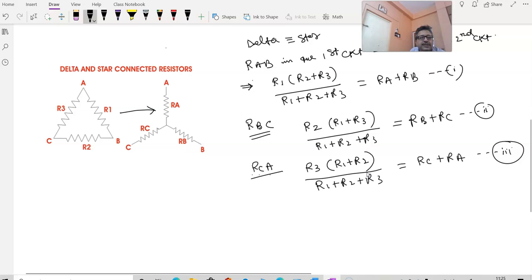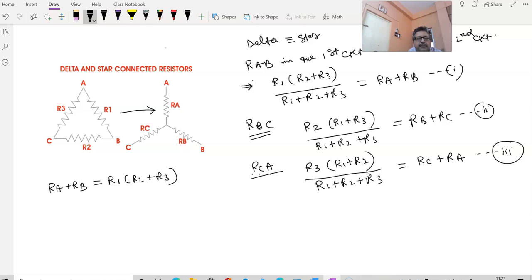See, number 1 is RA plus RB is equal to R1 into this, divided by R1 plus R2 plus R3.